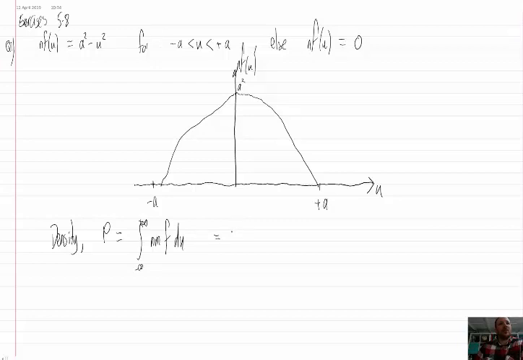Now straight away we know that outside of the range minus a to plus a, nf is 0. So we can immediately change the limits on this integral from minus a to plus a. We'll pop in that nf is equal to a squared minus u squared. So we're left with m times a squared minus u squared du, and then it's just a simple integral to perform.